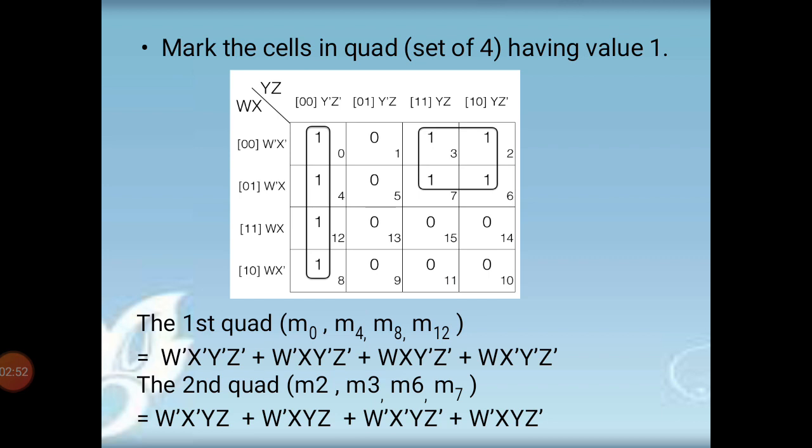Mark the cells in this KMap in quads, meaning sets of 4. After marking the cells, we got two quads. The first quad is M0, M4, M8 and M12, and the second quad is M2, M3, M6 and M7. Adding all the min terms of the cells, we got the expression for the first quad and the second quad. Either expression is given.